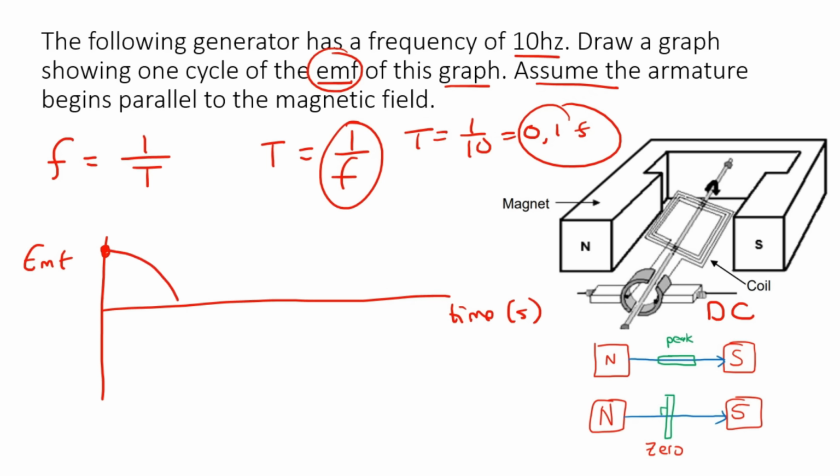So it's 1, 2, 3, 4, 5. See how I didn't go underneath here because it's not AC. Now we can show the time at this ending part as 0,1 seconds. Make sense? So that's all that they would want you to show on the graph.